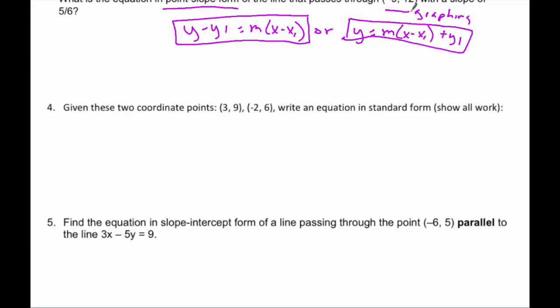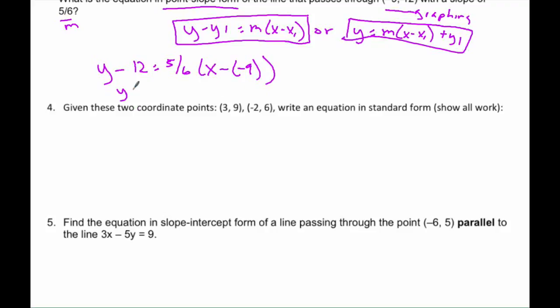So here's my point. Here's x1, y1. Here's my slope right there. So I go y minus 12 is equal to 5/6 times x minus negative 9, which just doesn't look right.